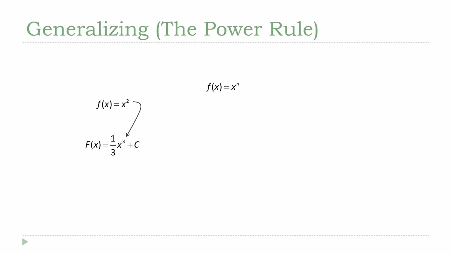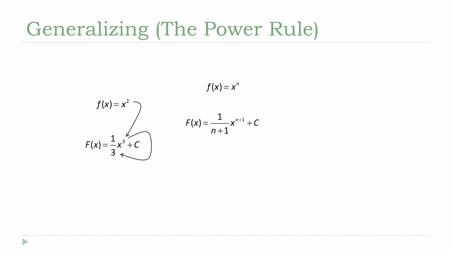The second thing I did was multiply by 1 divided by that new exponent. Generalizing this, the general antiderivative of x to the n is 1 over n plus 1 times x to the n plus 1 power plus a constant. I want you to hold on to that. We're going to use that a lot. That's a formula you really need to internalize, just like hopefully you did with the power rule for derivatives.